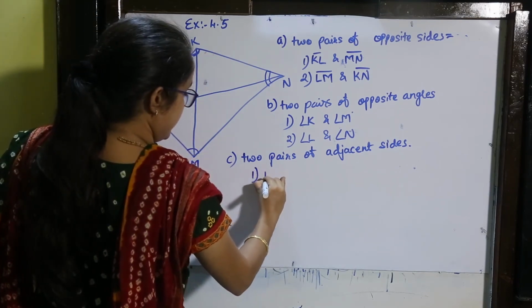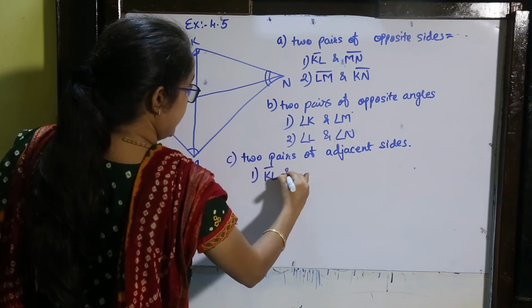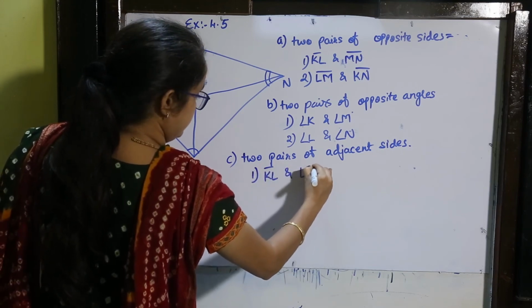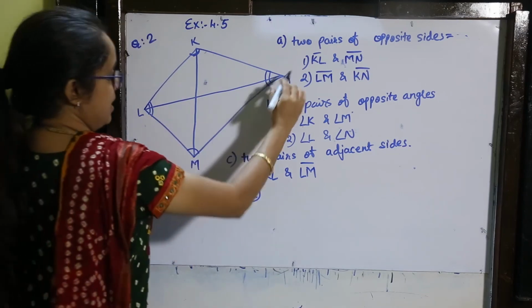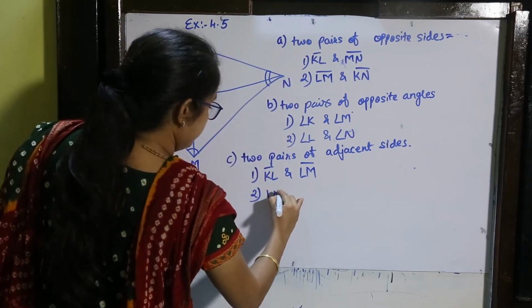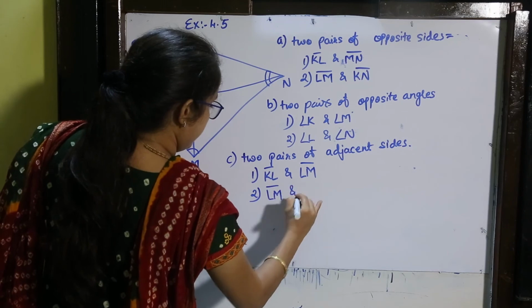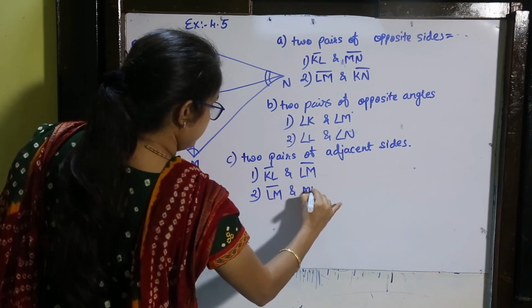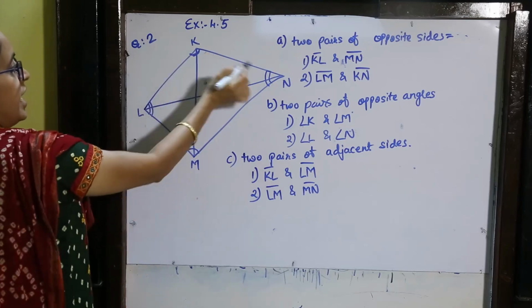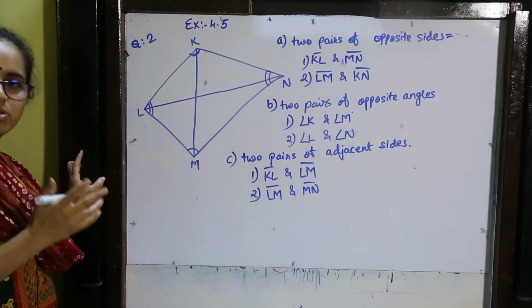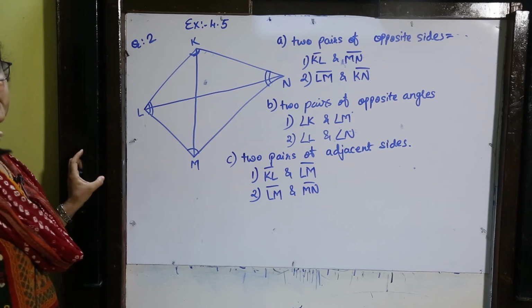First is KL and LM, and the second one is LM and MN. There are many more. MN and NK also works, NK and KL also works, because there are four pairs of adjacent sides.